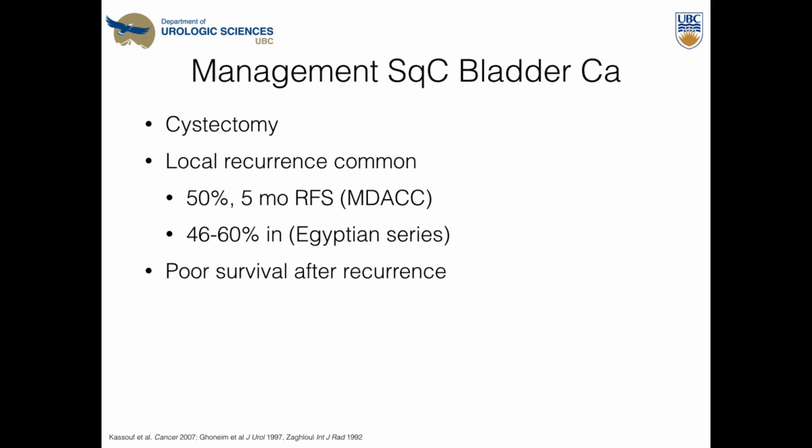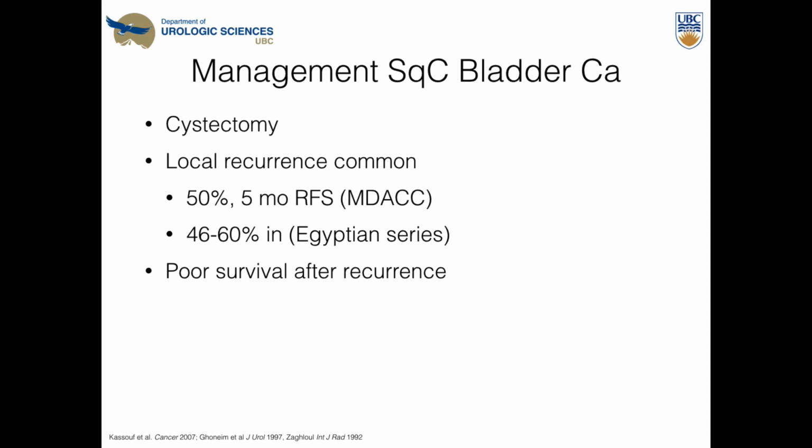The management of squamous bladder cancer is the same, more or less, regardless of whether it occurred in the context of schistosoma or not, and that is cystectomy. One of the defining characteristics of squamous bladder cancer is its tendency to recur locally. MD Anderson in the West listed about a 50% chance of local recurrence within about 5 months.